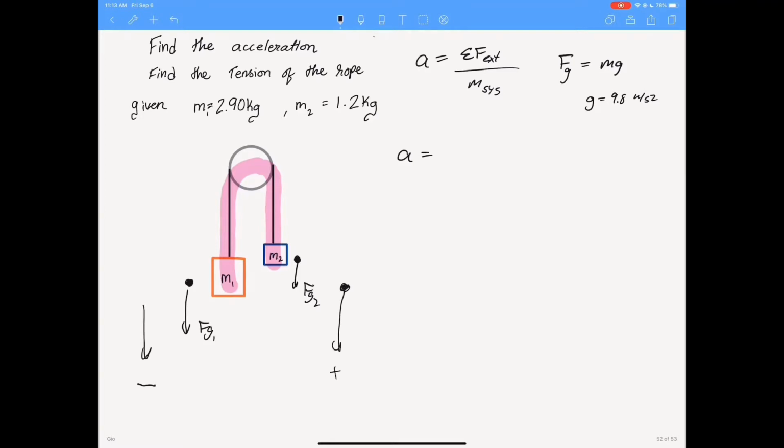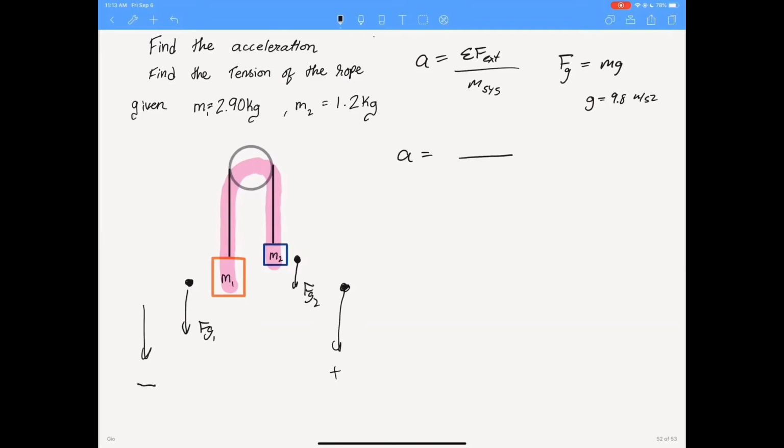You can probably guess that since the heavier mass is on the left side, the whole system will move in the negative direction. But we'll label it the way we did, and let's move on to the actual problem.